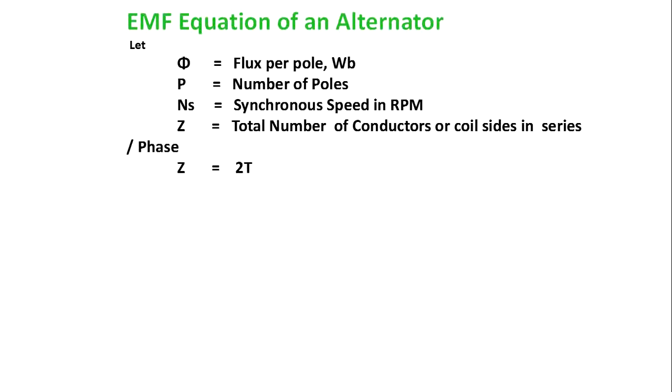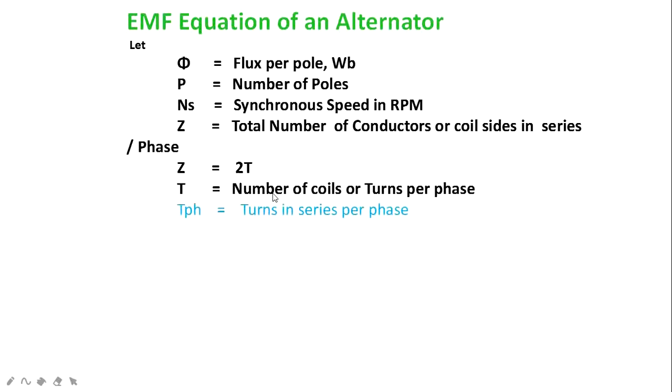So, Z is equal to 2T, where T is the number of turns of the winding, or coils, per phase. So, TPH will be the turns in series per phase. That will be equal to number of slots into number of conductors per slot divided by 2 into 3.